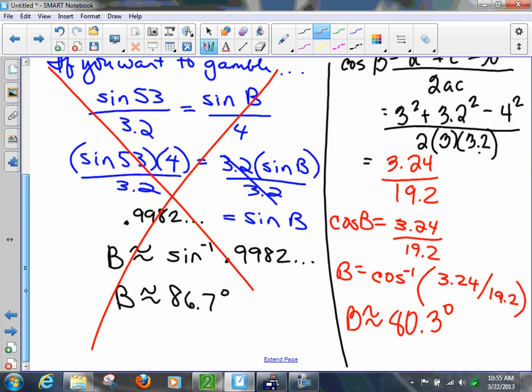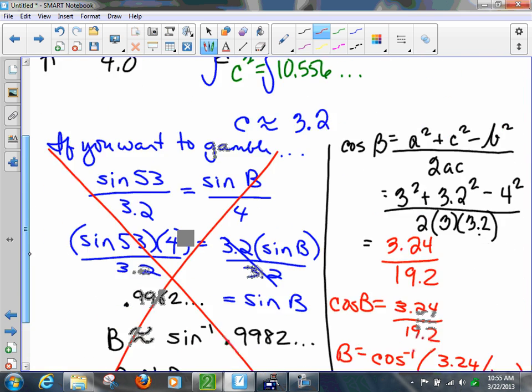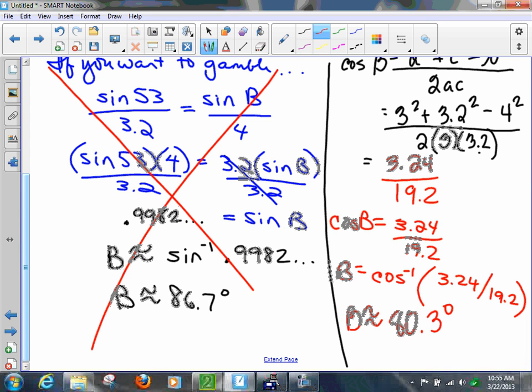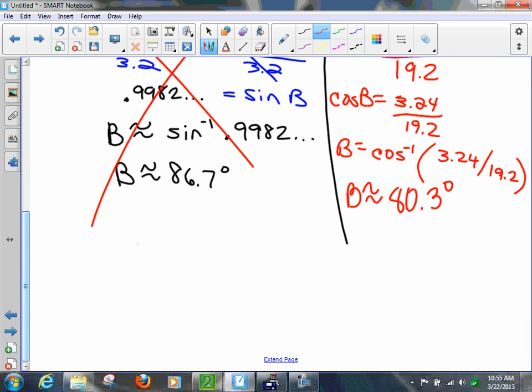The book had 80.3, didn't it? Anybody check their answer in the book? Don't gamble. Don't do it. I'm going to check because I need to find out why. That won't work.